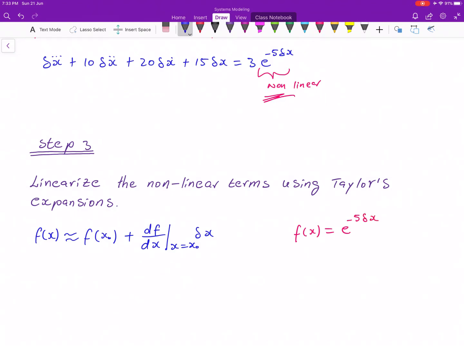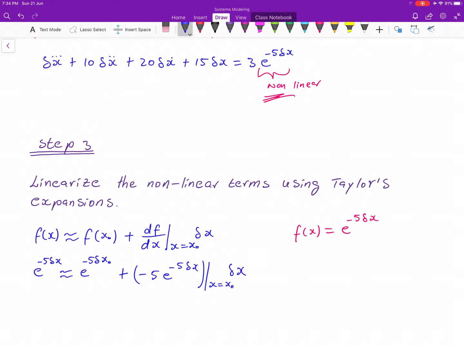Then e to the minus 5 delta x is approximately e to the minus 5 x naught plus, if we differentiate that, minus 5 e to the minus 5x evaluated at x equal to x naught, times delta x.